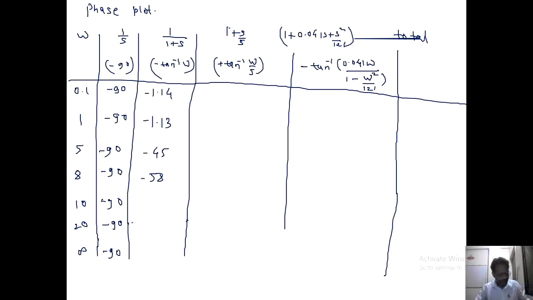Let us check one value with the calculator. So minus shift tan inverse of 0.1, the value is minus 5.71.